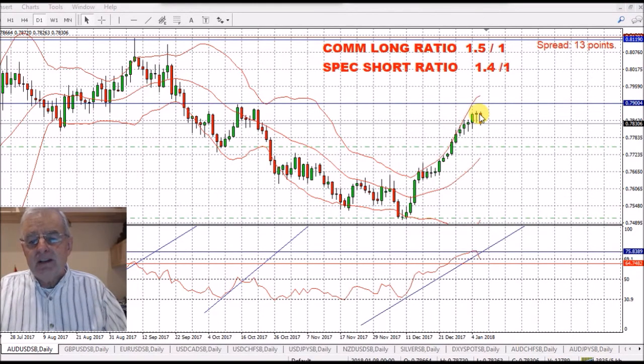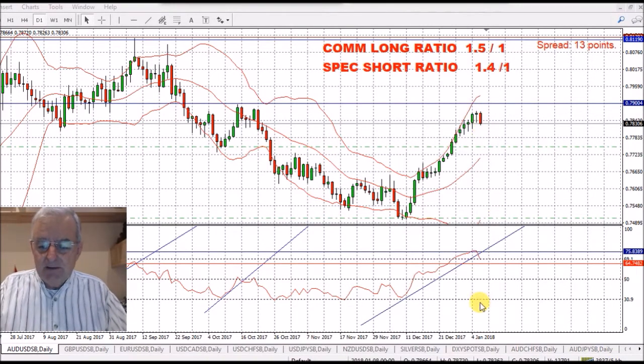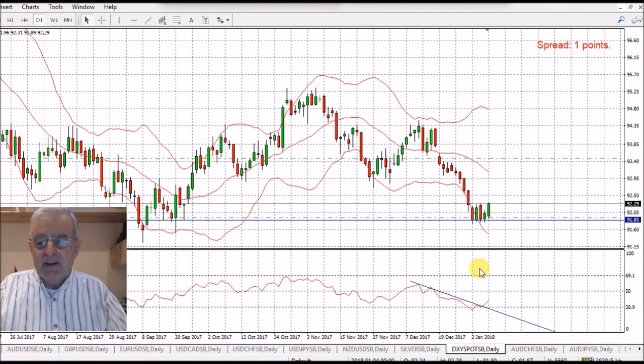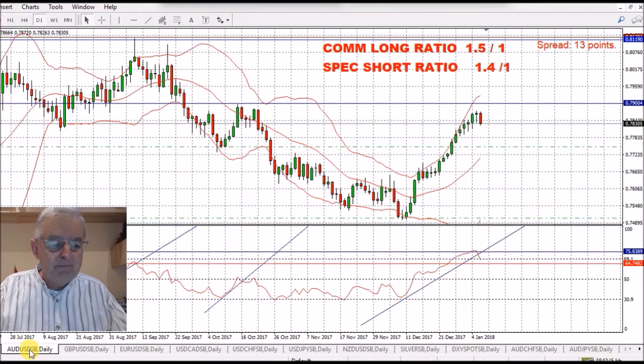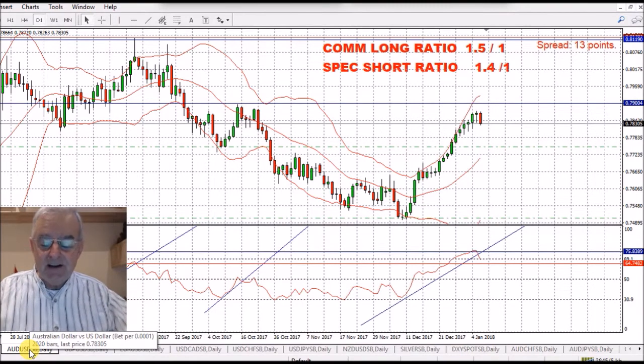We've seen a bit of weakness on this pair, a bit of strength's come through on the dollar. So if we just have a quick look at the dollar, it's broken nicely through the trend line and it's starting to come back up. So we're seeing strength come through for the dollar, and that basically is reflected in all the pairs across the board this morning.